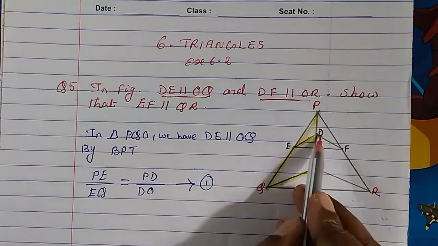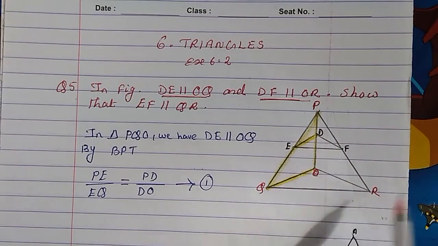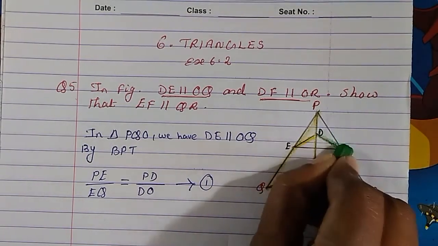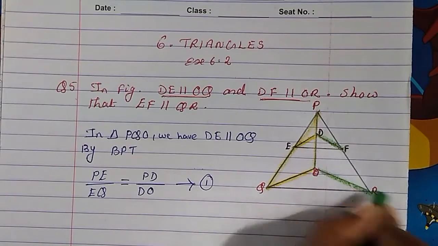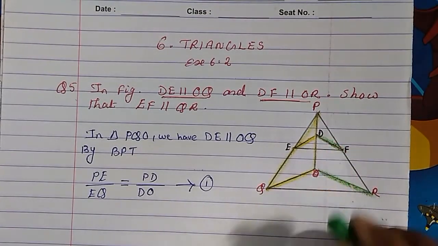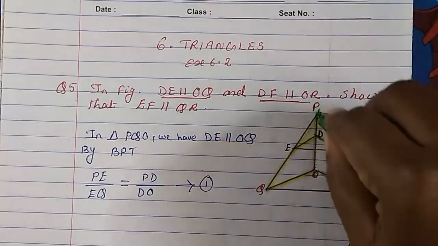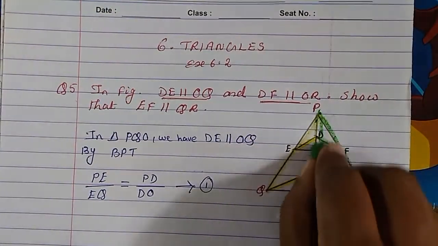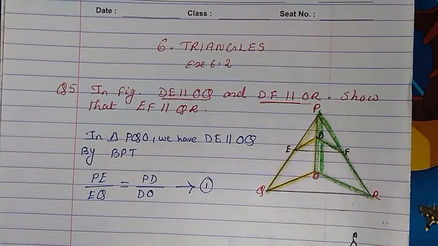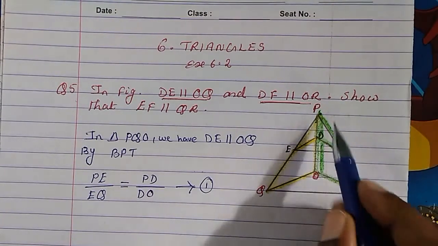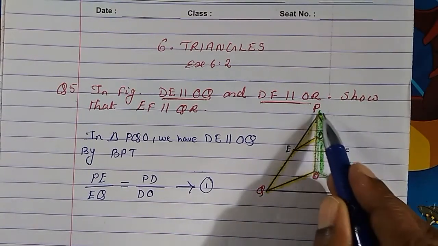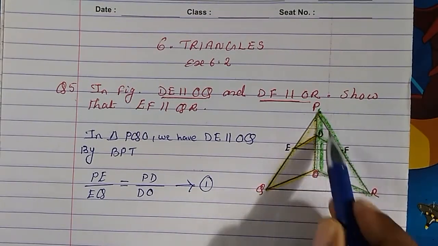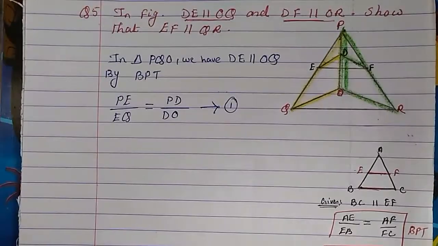Where is DF? Here. DF is parallel to OR. So if these two are parallel, then this becomes a triangle. Can we say that POR is a triangle in which these two are parallel, which means the ratios are equal? That is what we have to write down.